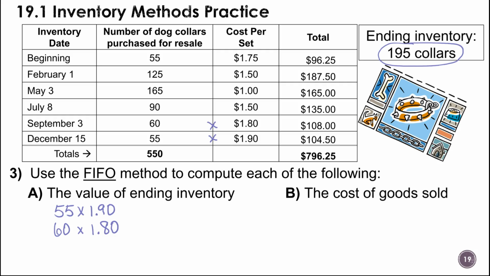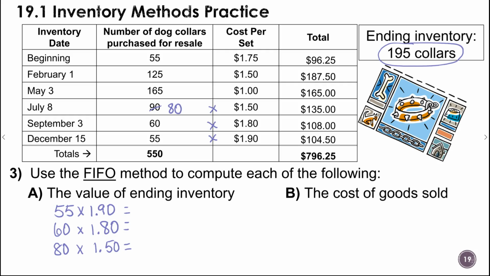Subtract that from 195. So you can also just do 195 minus 55 and 195 minus 60. So we still need another 80 collars from this category. So 80 times $1.50 for that particular type of collar.